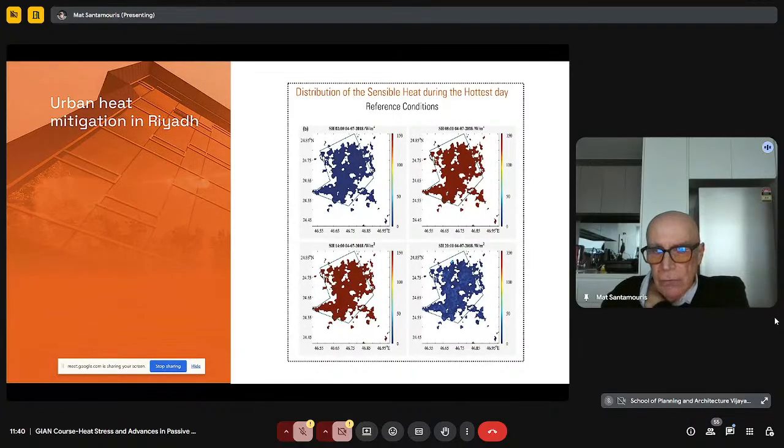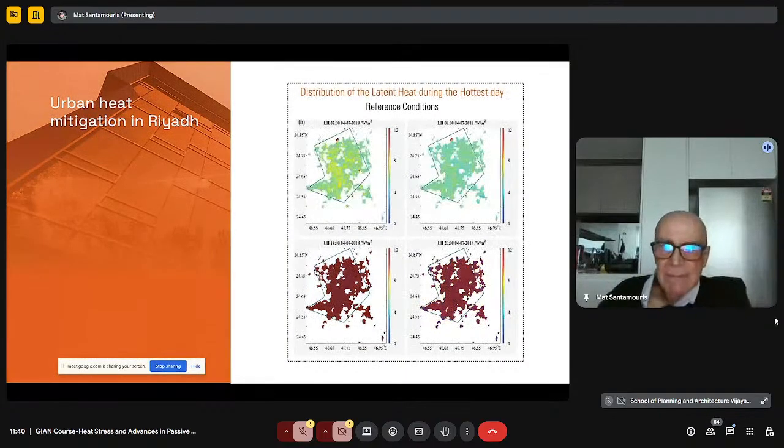So in order to decrease the magnitude of the sensible heat, we need to use technologies which will decrease the temperature of the surfaces at the city scale. And we will discuss how this can be done.